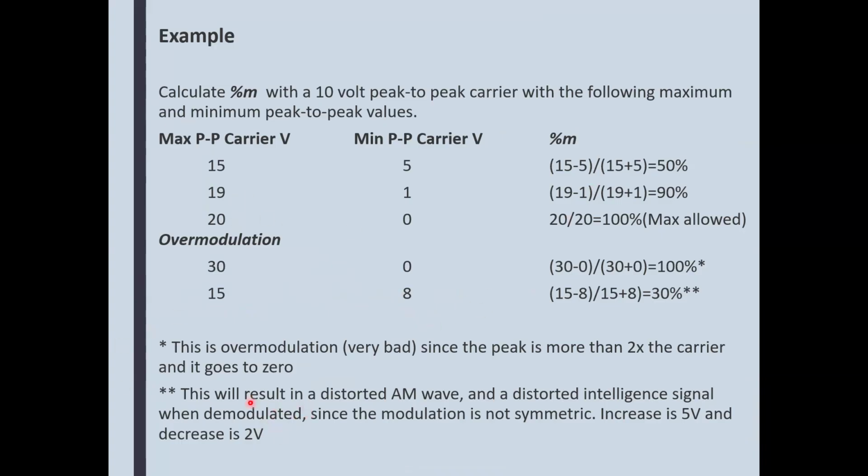This will result in a distorted AM wave and distorted intelligence signal when demodulated, since the modulation is not symmetric. It goes up, it increases 5 and it just decreases 2. See, here's the thing. Where's that coming from? 15 and 8.